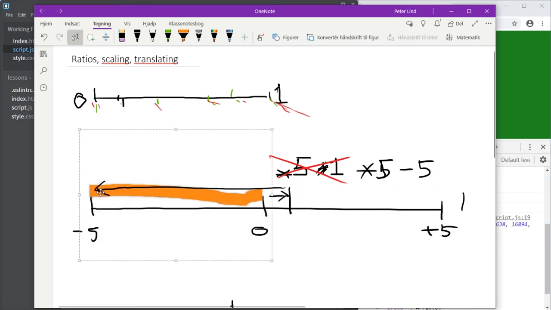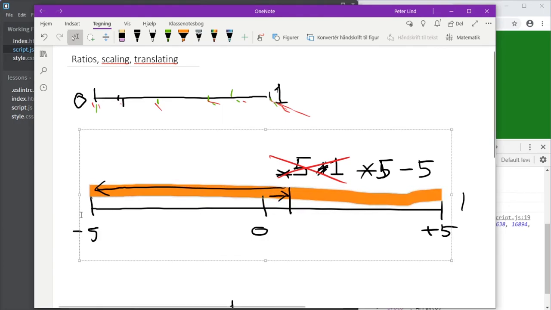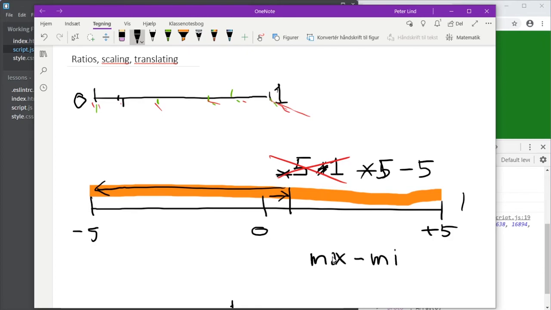That's not enough, because we want it to go all the way through from -5 to +5, and the total distance here is of course 10, because it's the maximum minus the minimum.